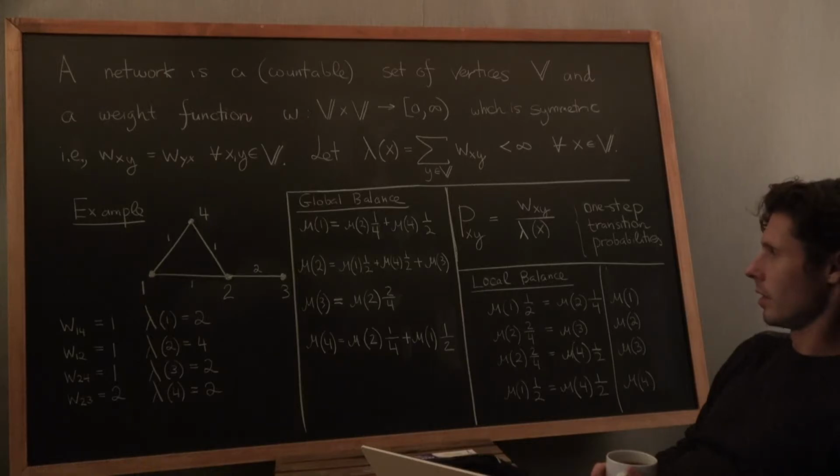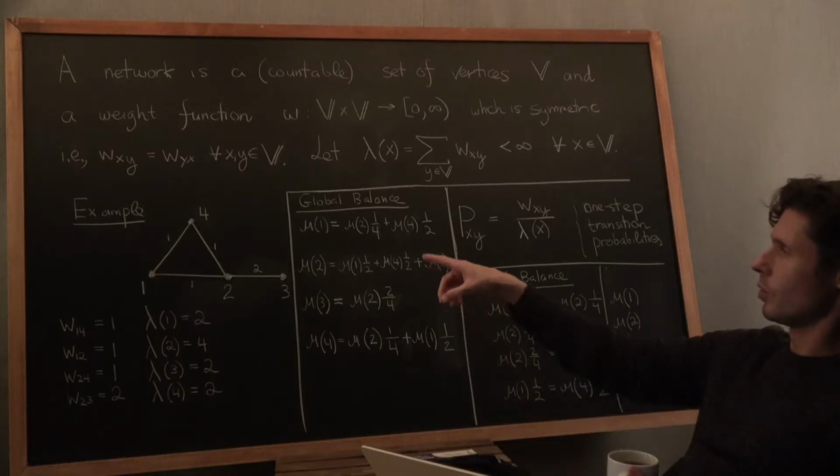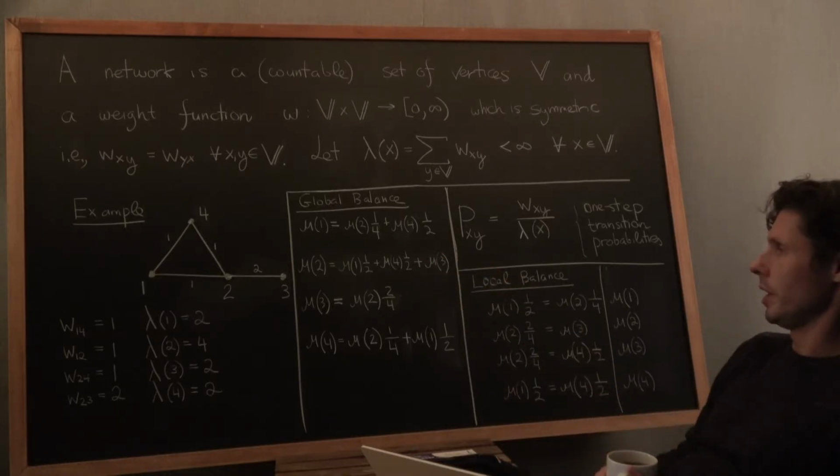And now there are quite a few decisions to make. You can go to 1, you can go to 4, you can go back to 3. You can try to think through what the probabilities of all these moves are. For example, stepping from vertex 2 to 1 is going to have probability 1 over lambda 2, so that's 1/4. Stepping from 2 to 4 is going to have a probability of 1/4 again, 1 over lambda 2.